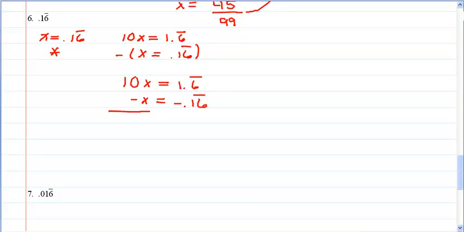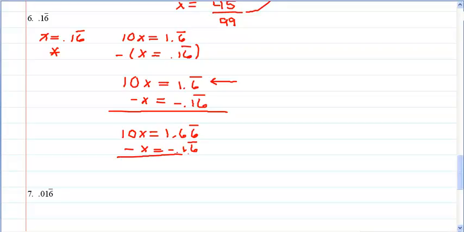Now before I subtract these, I'm going to expand this one out one more decimal point. What I mean by that is I'm going to write this as 10x equals 1.6 and then 6 repeating, so that when I subtract the second line, my repeating parts are lined up and they cancel.